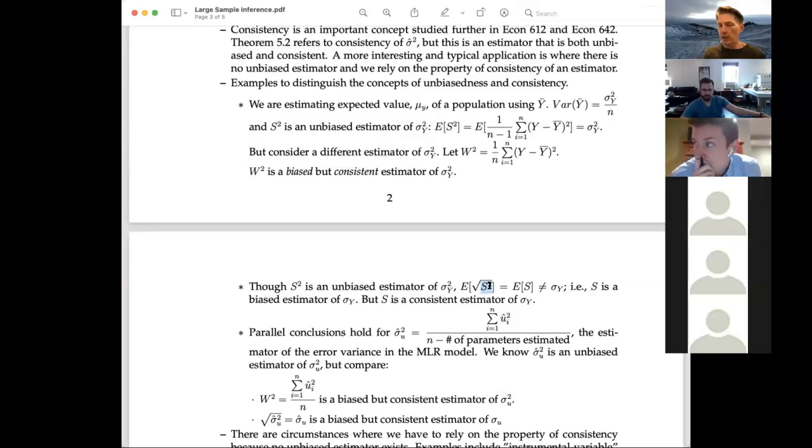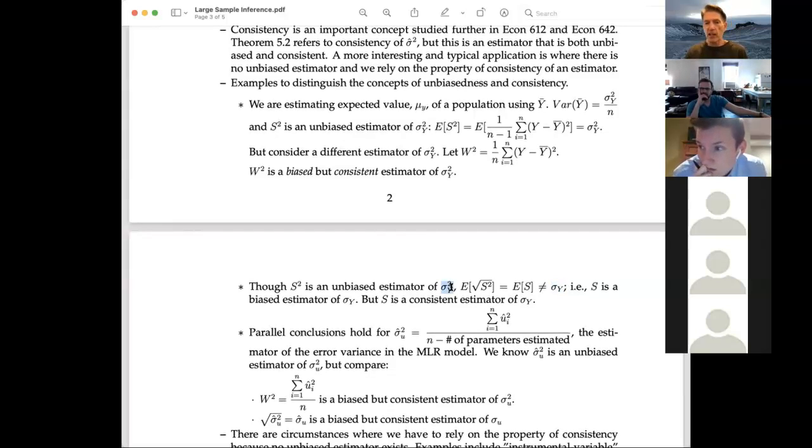And what I'm trying to say is that the expected value of the sample standard deviation is not equal to the standard deviation of y, which is equal to the square root of the population variance.